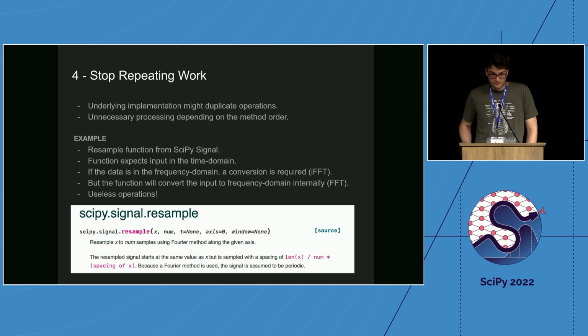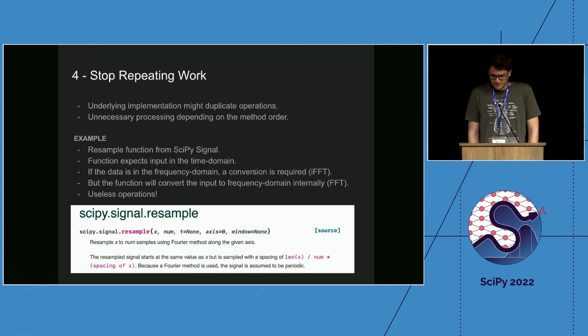So another important thing here that is more hidden is to stop repeating work. In underlying implementations, for example, the resample function of SciPy signal might duplicate operations. This resample function expects an input in the time domain, that is, basically a block.